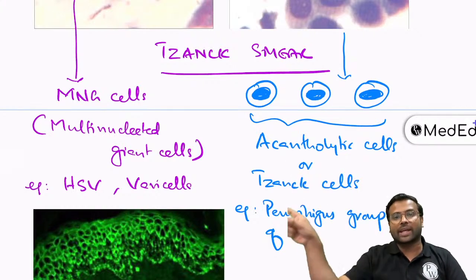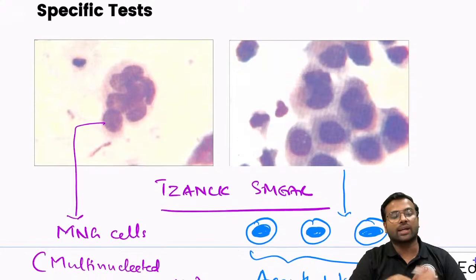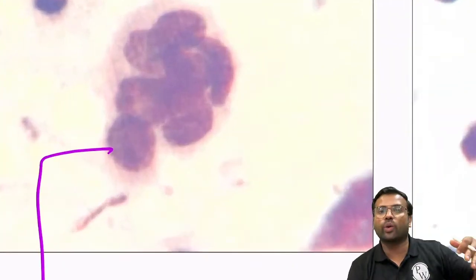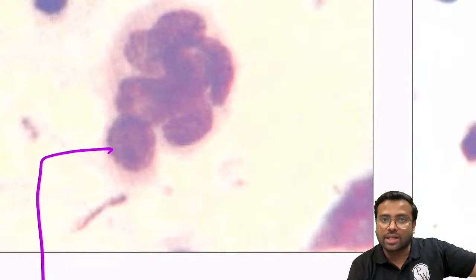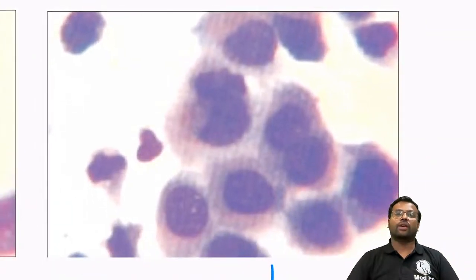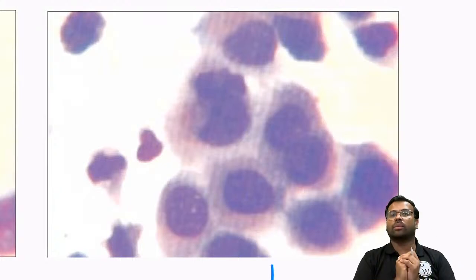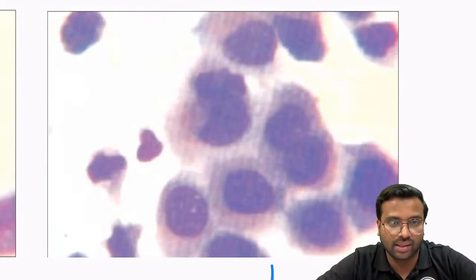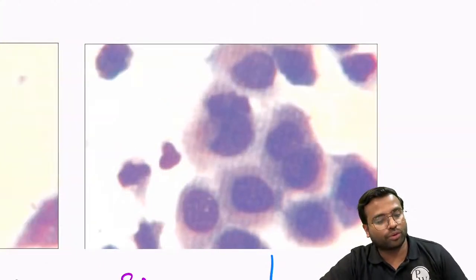Because once you do a Tzanck smear, if the patient is having multinucleated giant cells, you narrow down your diagnosis to infections like varicella or HSV. Whereas when you see rounded cells with a large nucleus, then you start thinking about the pemphigus group of diseases because these are acantholytic cells or Tzanck cells. Clear? So now let's move further.